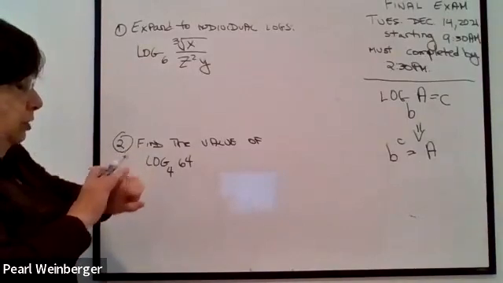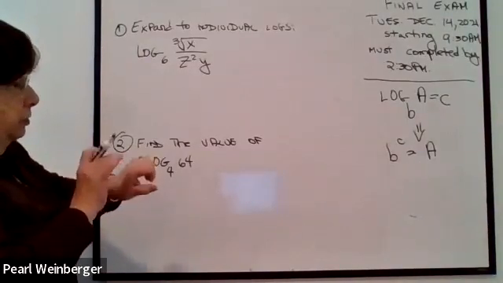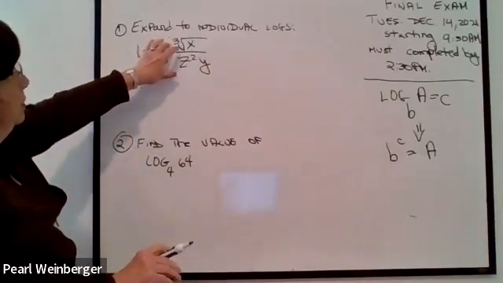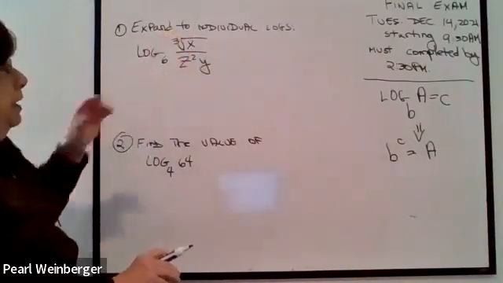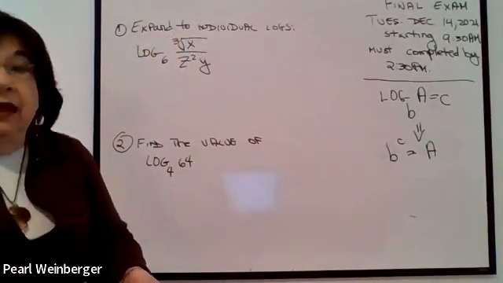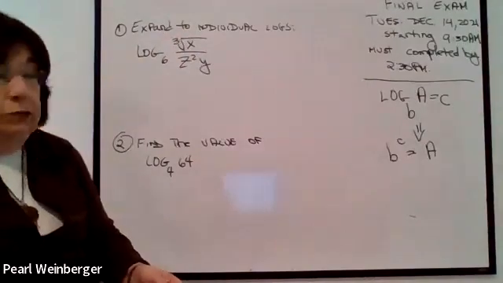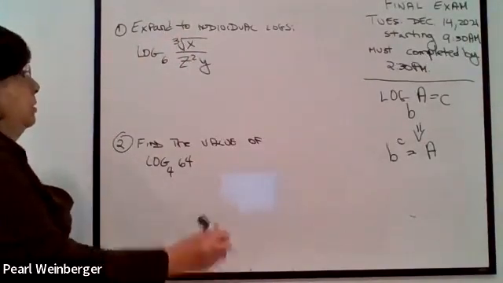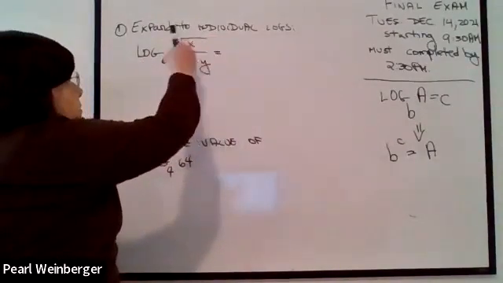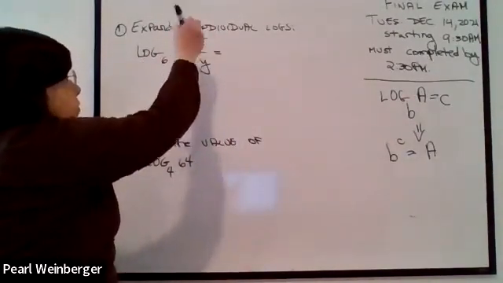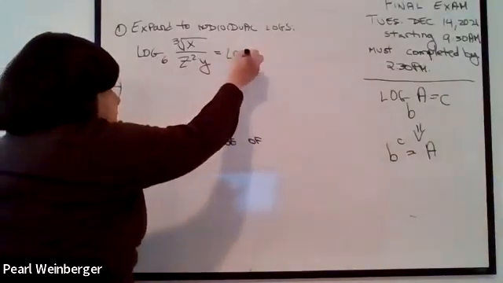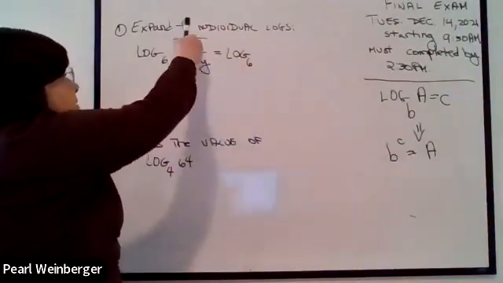And the way we do that is, first of all, make sure that anything that's written in a radical form is rewritten as an exponent. When we're using logs, we do not write radicals. We change that. So we're just rewriting this, log base 6.